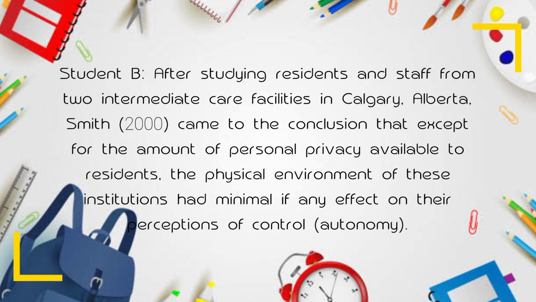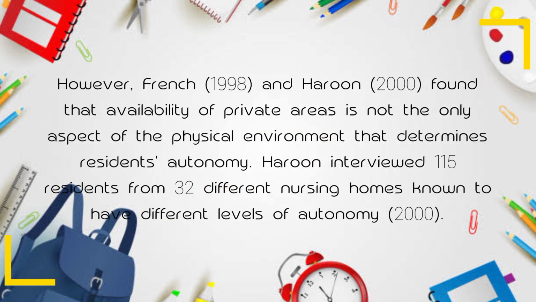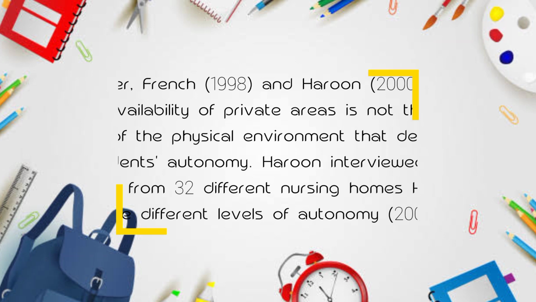Student B. After studying residents and staff from 2 intermediate care facilities in Calgary, Alberta, Smith 2000 came to the conclusion that except for the amount of personal privacy available to residents, the physical environment of these institutions had minimal if any effect on their perceptions of control and autonomy. However, French 1998, and Haroun 2000 found that availability of private areas is not the only aspect of the physical environment that determines residents' autonomy. Haroun interviewed 115 residents from 32 different nursing homes known to have different levels of autonomy, 2000.